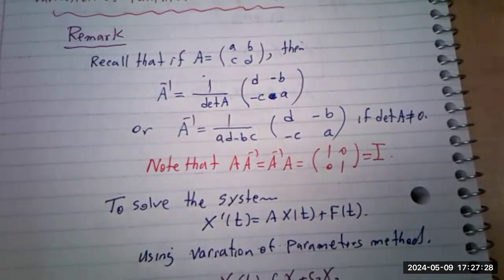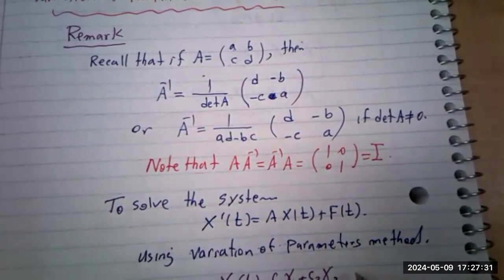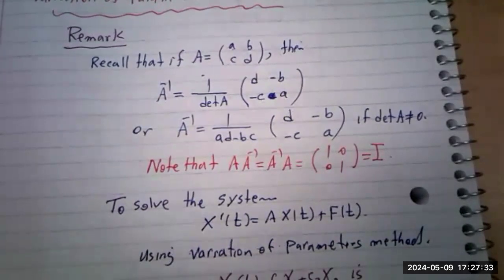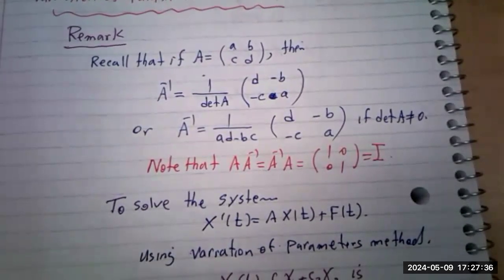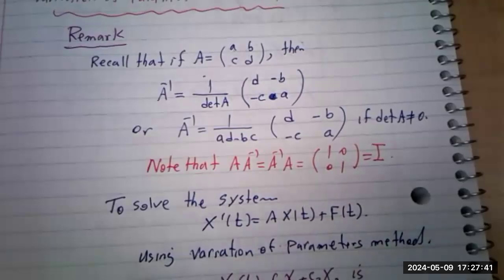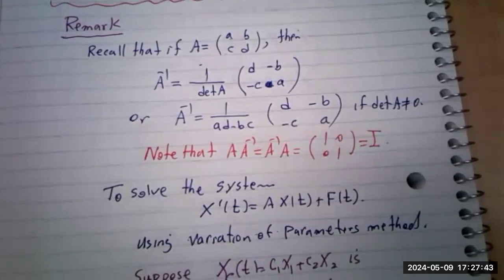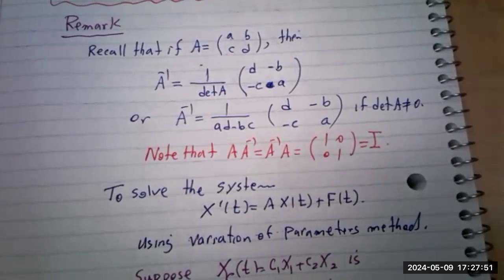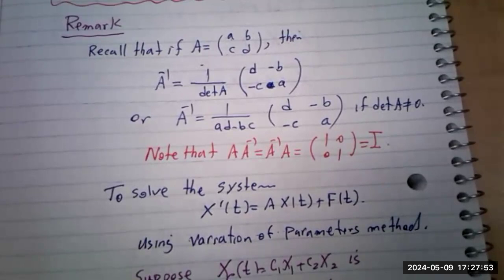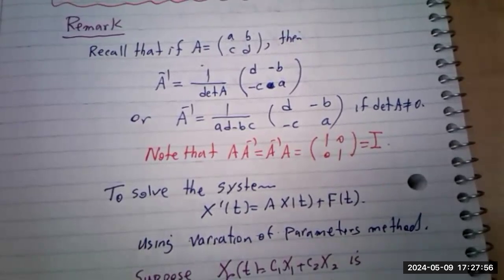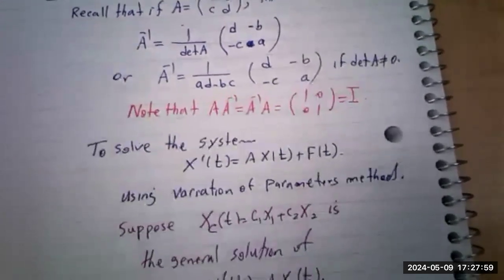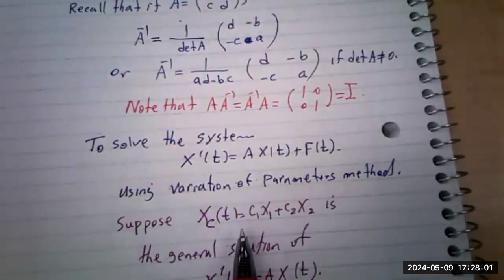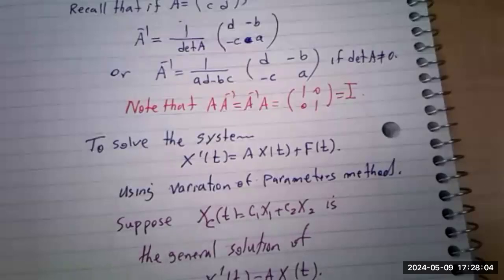This is the general solution of the homogeneous system, the general solution of x prime of t equal to A x of t. Now, the way we did it in the ordinary case, we replaced c1 by u1 and c2 by u2. We can do the same thing over here.